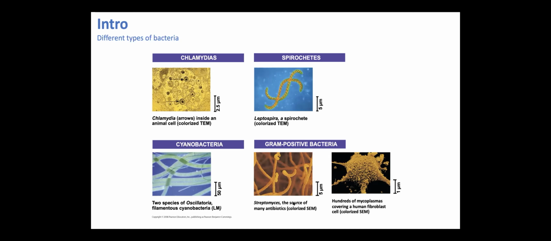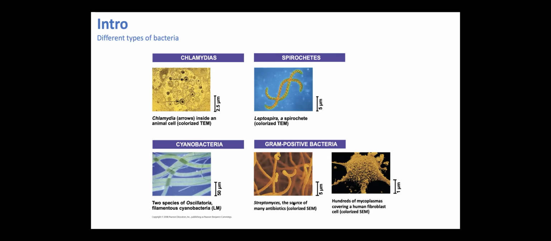Chlamydias are parasitic bacteria that live within animal cells, and spirochetes have helical structures and are heterotrophs, which means they produce energy by eating.